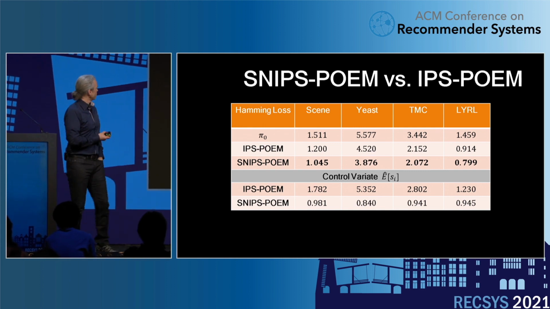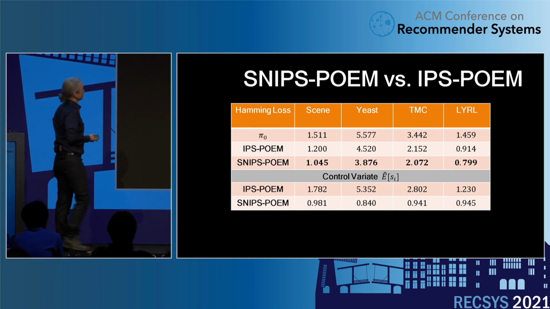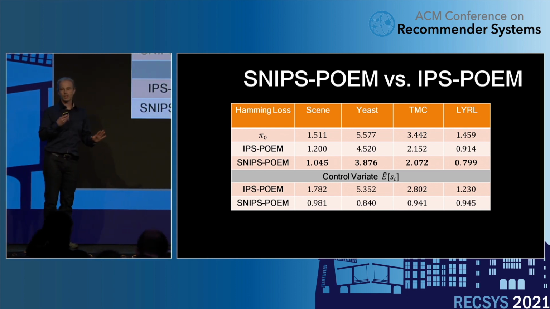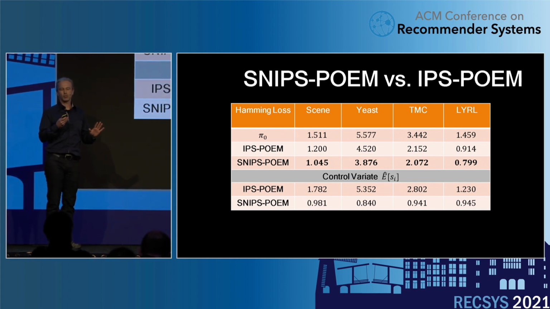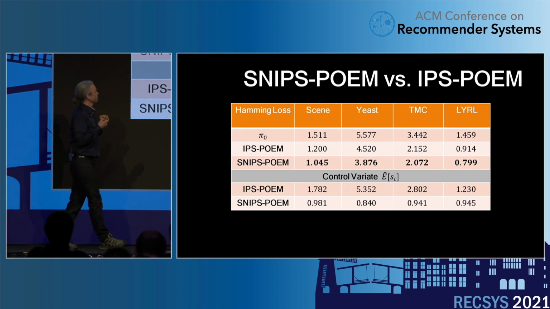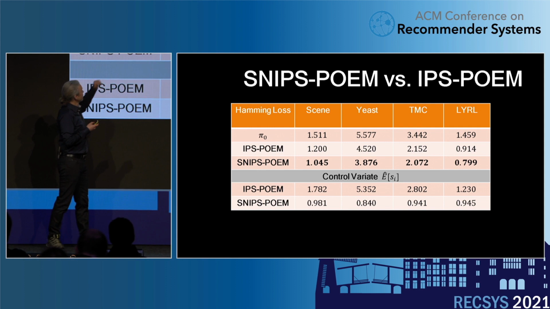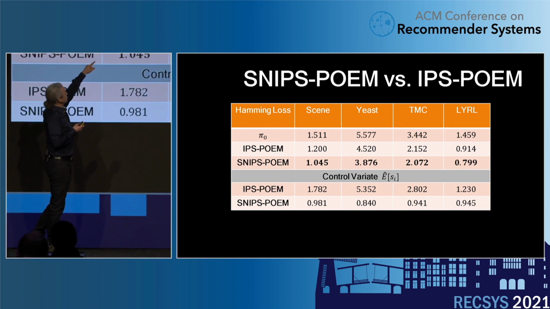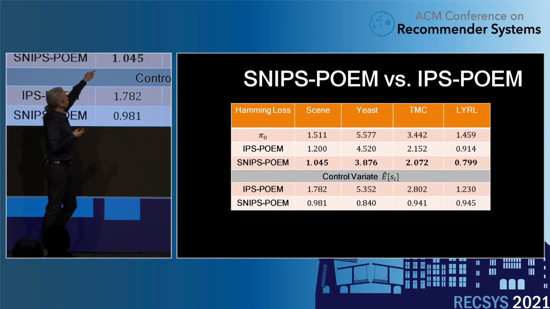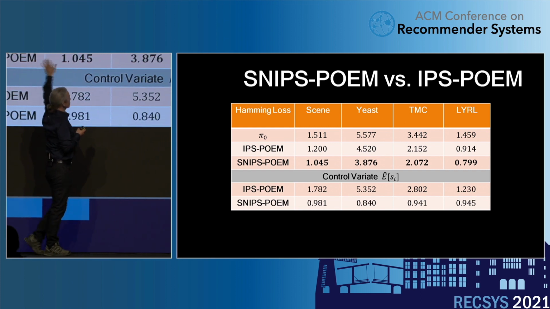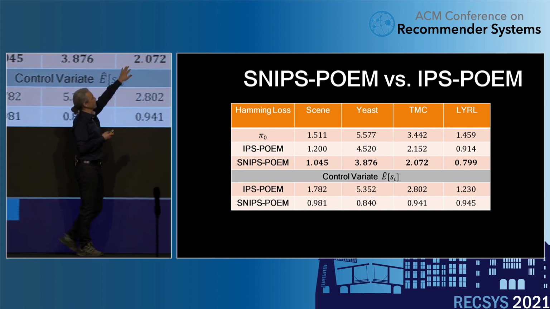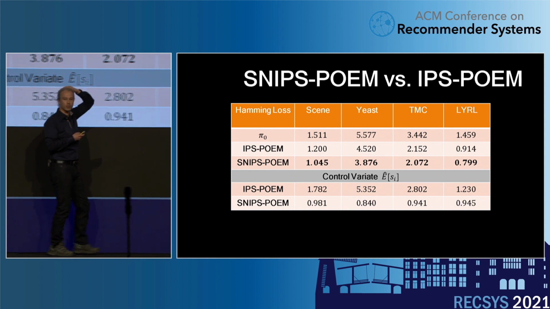And here are the results. Same data sets as before, both now using, I think it was L-BFGS, or maybe just regular gradient descent, not stochastic gradient descent. And what you can see is if you control for propensity overfitting by using SNIPS, you get another nice boost in accuracy.